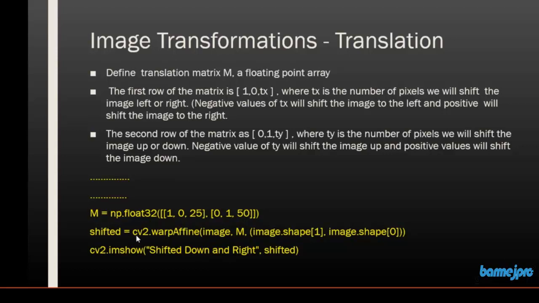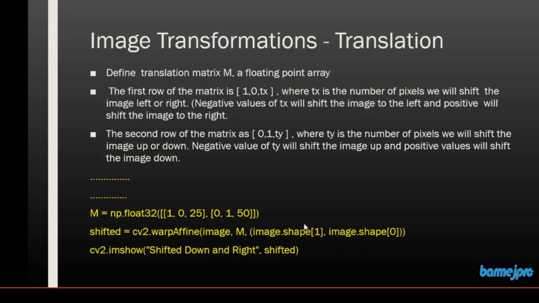Then in the next line we call the function warpAffine, which is provided by OpenCV. warpAffine takes arguments. The first argument is our image, the image that we fetch from the user using a command line argument as a path. Then the translation matrix. Then the width and the height of the image.